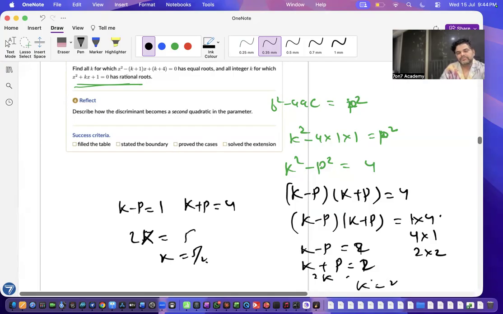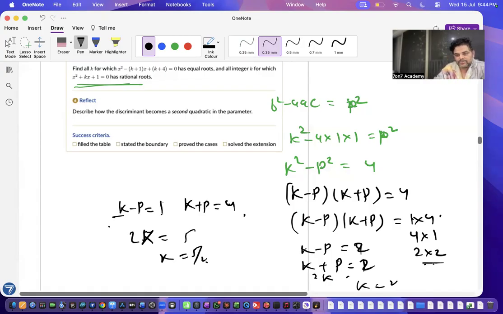But I didn't say integral value of k, I said integral roots. So the parity does not matter when you say integral roots. Parity only matters when you say integral value of k. If they have different parity, then 2k is going to be odd. But in the question it's written all integer k, so then there won't be any solutions from those.